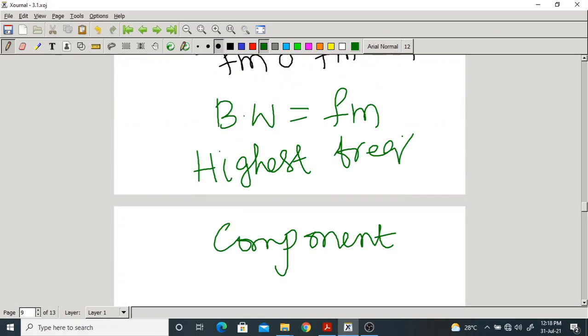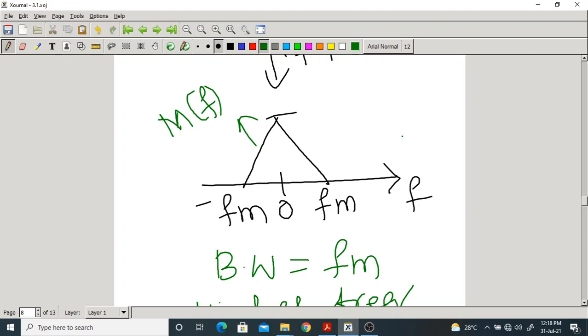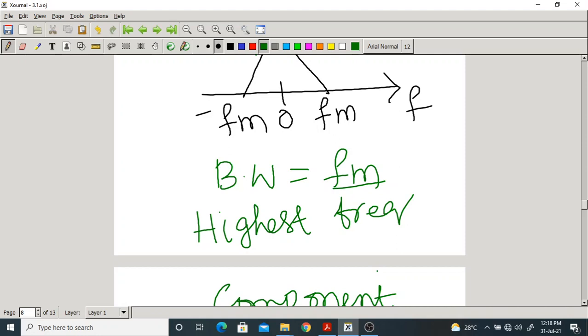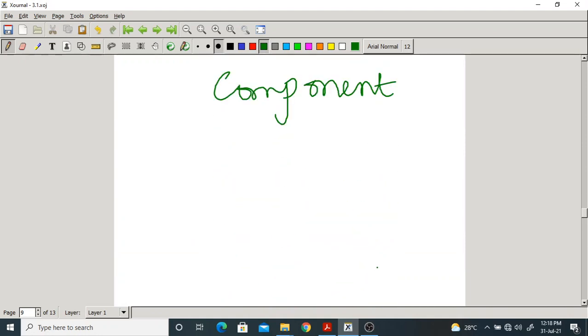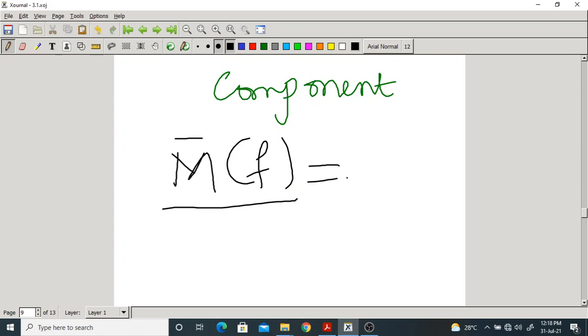Now I am assuming that the spectrum of M of t is like this, with a bandwidth Fm, or highest frequency component Fm. Now I want to draw the spectrum of the sampled signal, that is, I want to draw M overline of f. How does it look?